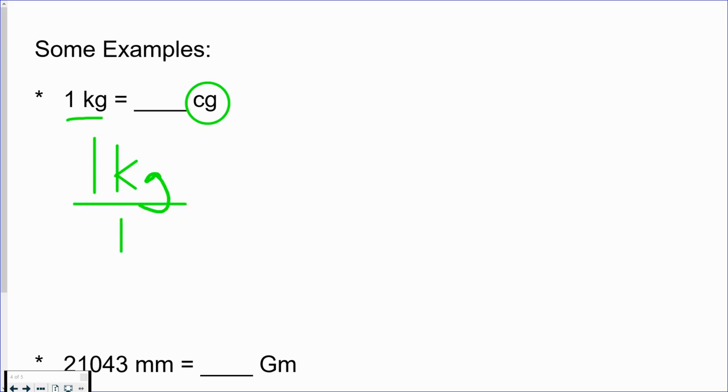Now we want to get to centigrams and we want to get out of kilograms. So we set up another factor. On the bottom gets the kilograms because remember, we're going diagonal. And then on the top gets centigrams. Since it is only 1 step, we're okay. The majority of your worksheet, at least to begin with, is 1 steps.